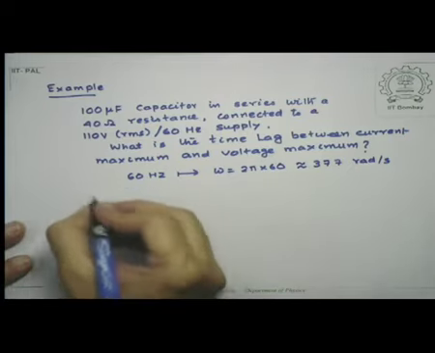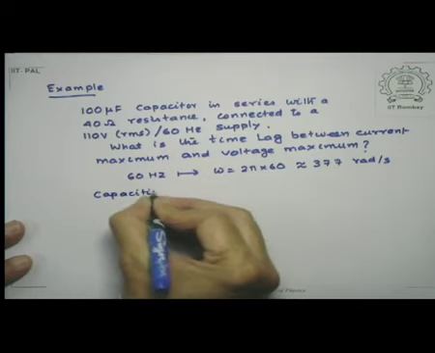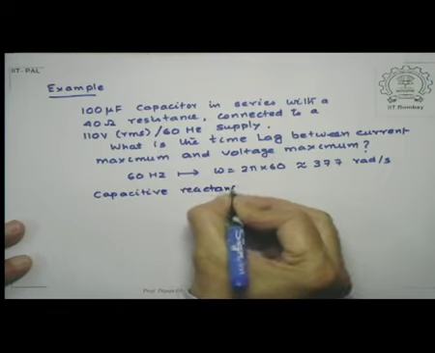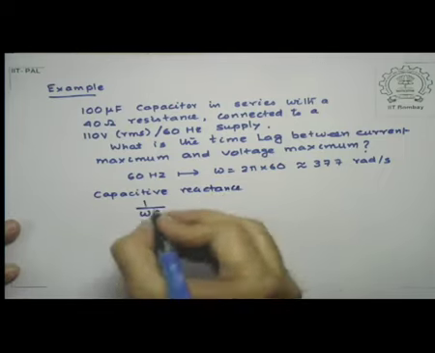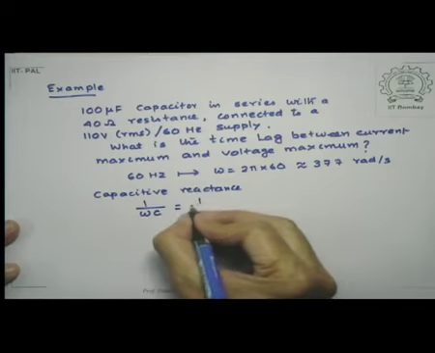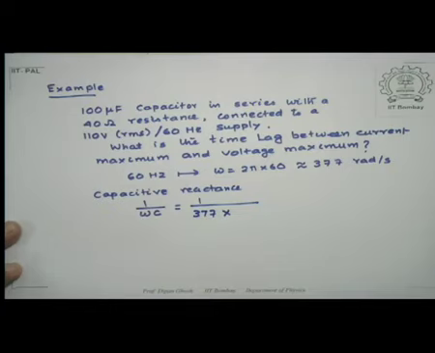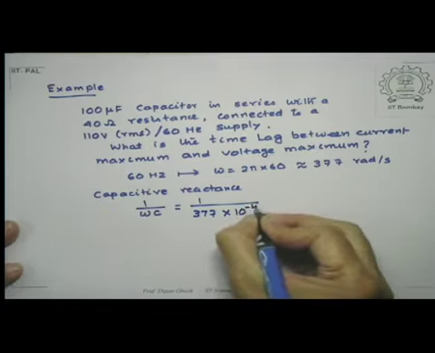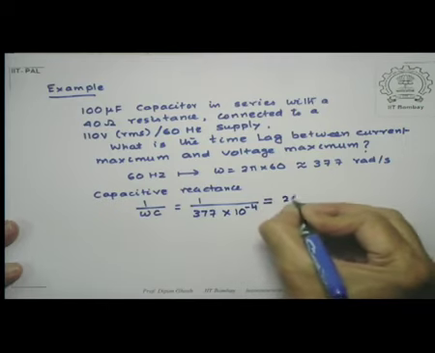So the capacitive reactance is one over omega C, and that's equal to 1 over 377 times C, and C we have been given is 100 microfarad, so that is 10 to the minus 4 farad, and that if you calculate works out to about 26.5 ohms.